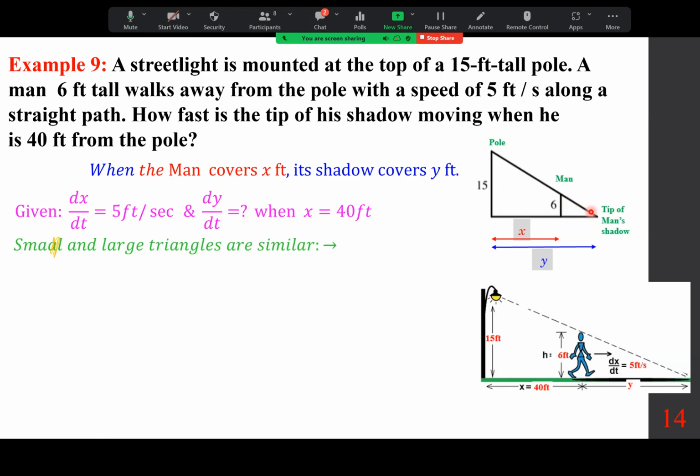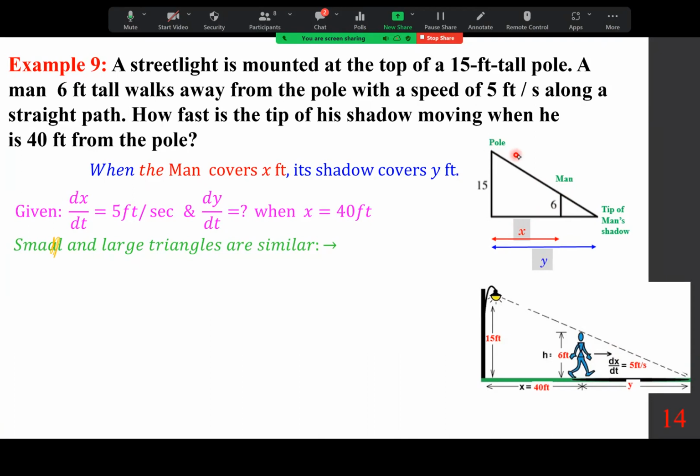If you look at this one or this one, it doesn't matter. This small one and this large one, the two triangles are similar. I hope everybody knows why, because their corresponding angles are identical. This is in common. This is 90 degrees, so is this one, which makes those two identical.